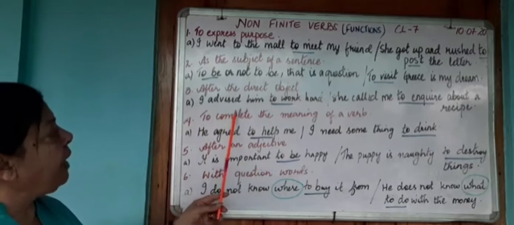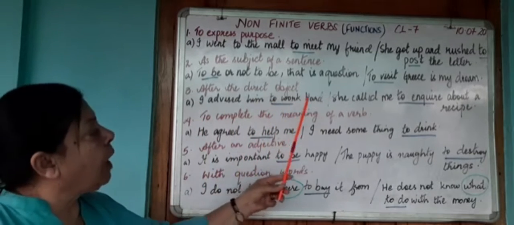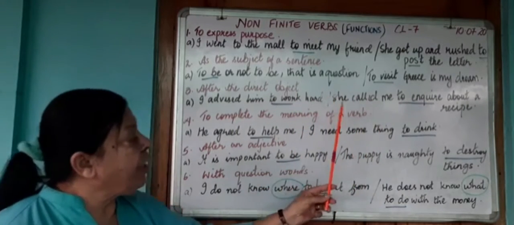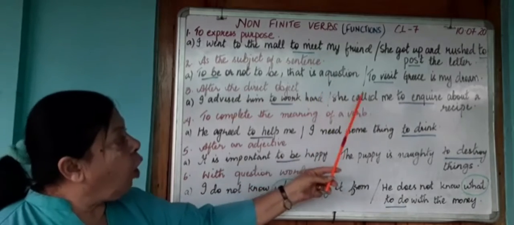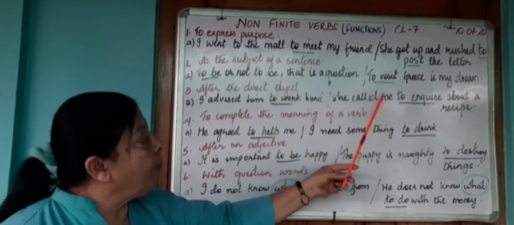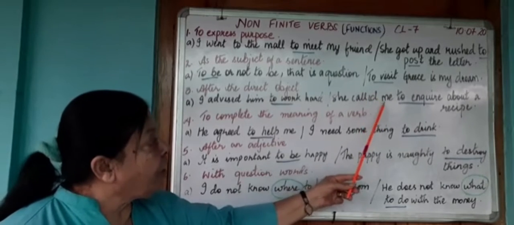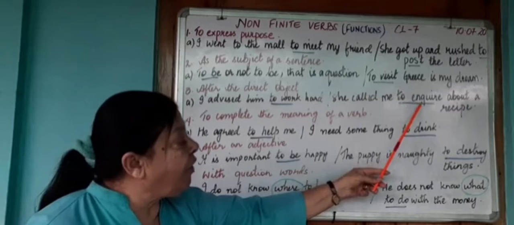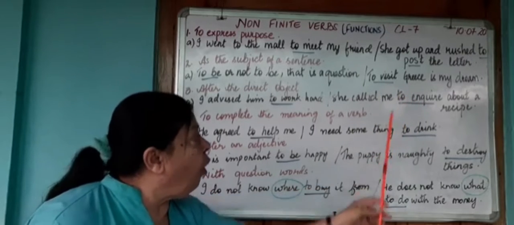So I advised him to work hard. Or she called me. She is my subject, called is my verb. Whom did she call? Me. Me is the direct object. She called me to inquire. So to inquire over here, infinitive form.